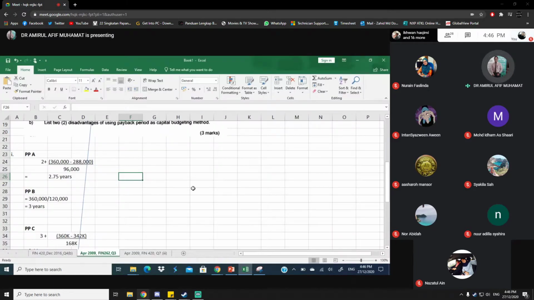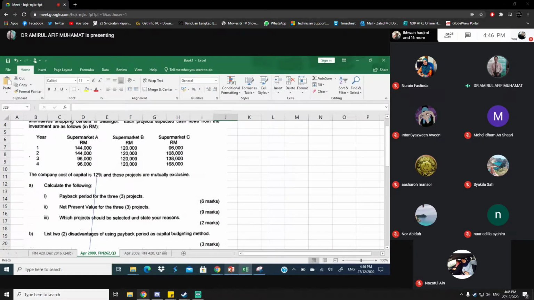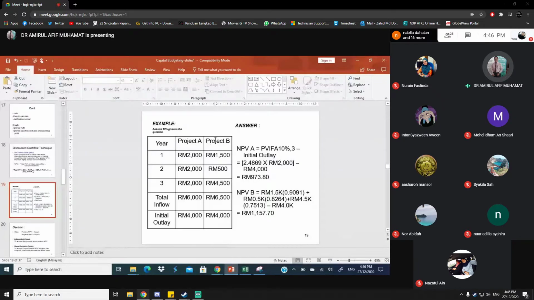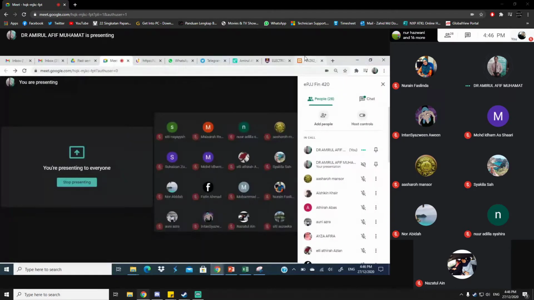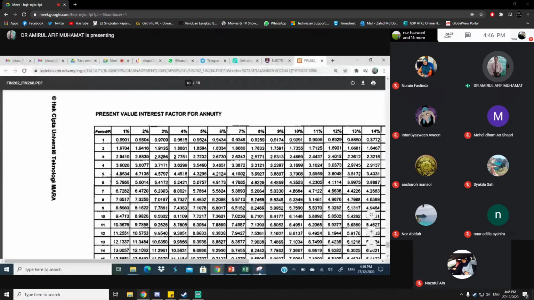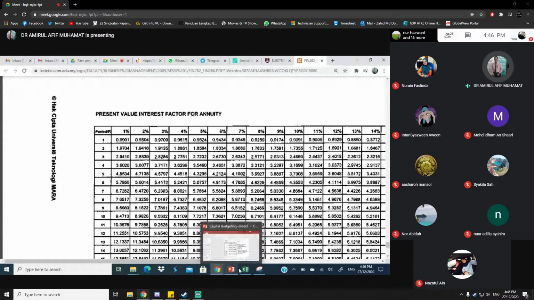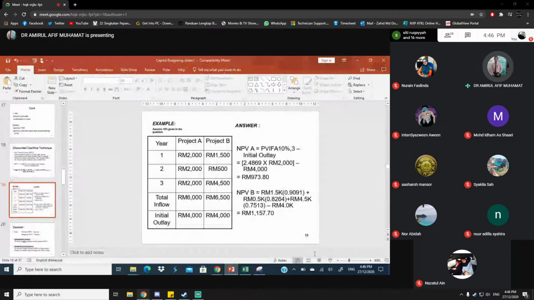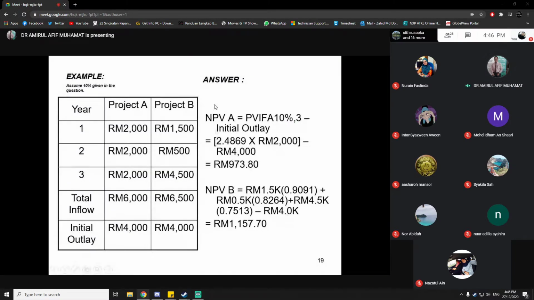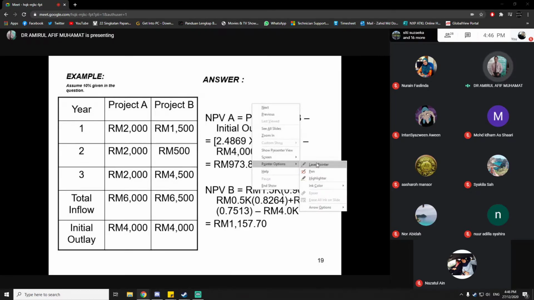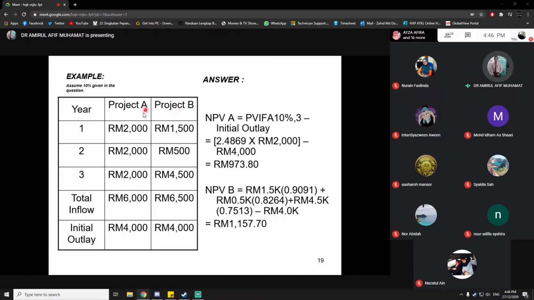All right, so let's continue. Okay, for NPV, you need to refer to the factor table. So this is the factor table. NPV, as the name implies, net present value. So you are going to refer to the net present value table. So in this example, we look at project A first because project A here is the annuity.